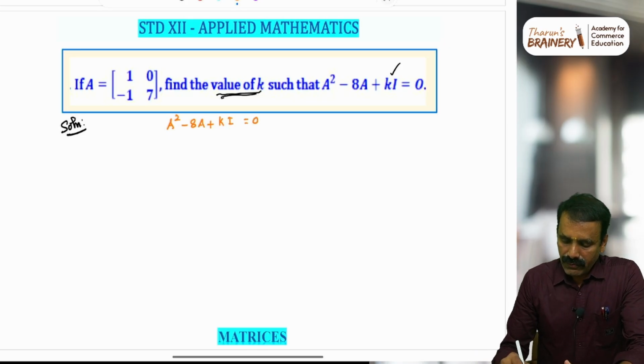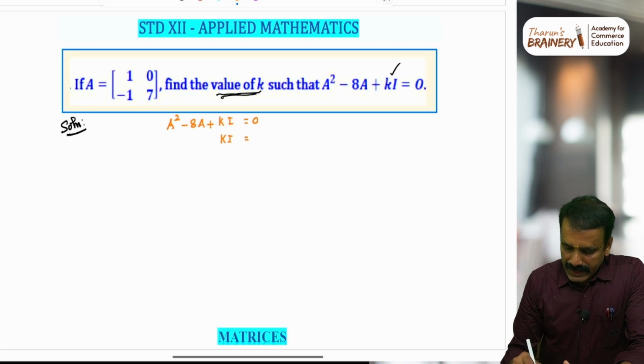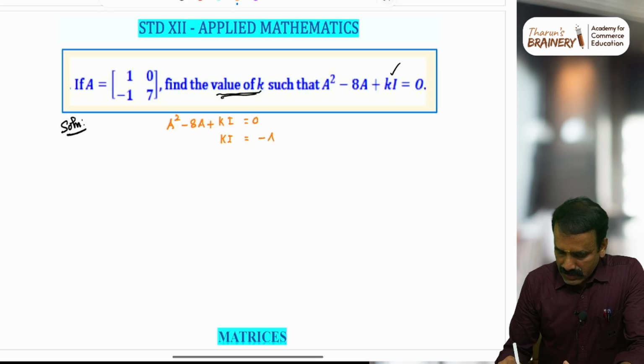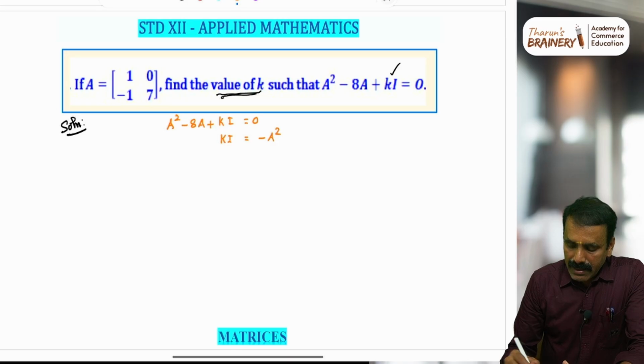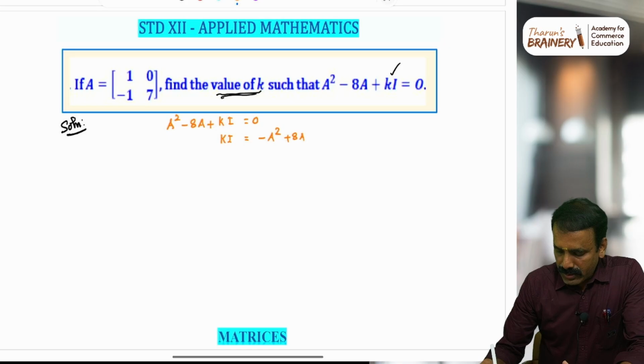Okay. Our aim is to find the value for k. So we can write this kI is equal to the additive inverse of A square, which is minus A square, and the additive inverse of minus 8A is plus 8A. Okay, if you want, you can write one more step here. A square minus 8A plus kI equal to 0.